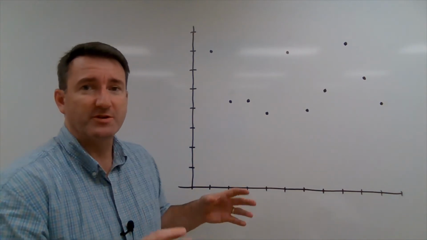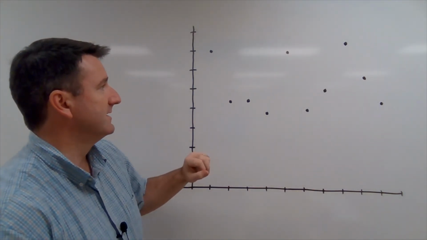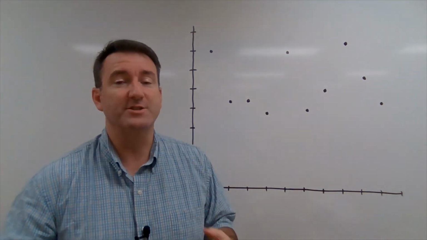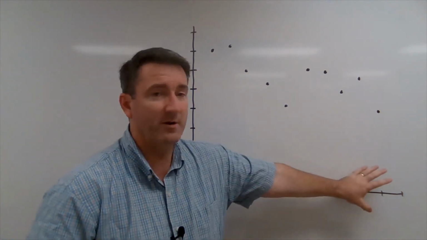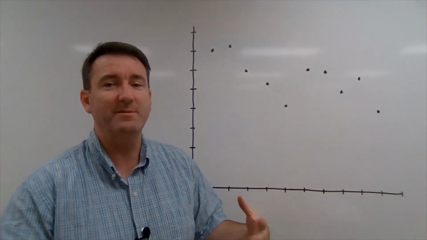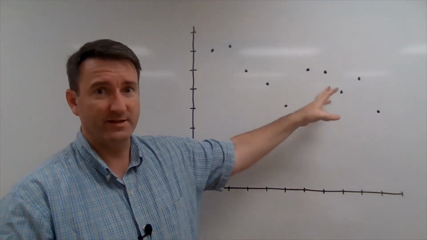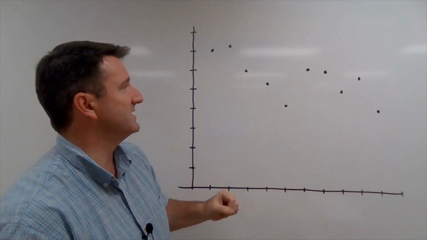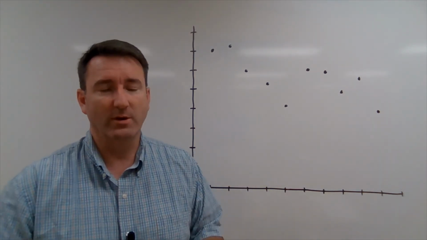For this example, there's no general trend, either positive or negative, with these dots. So we would say that this has no correlation. Here, as the variable on the x-axis increases, the variable on the y-axis seems to be decreasing in general, but it's not obvious. The dots are pretty spread apart. So this would be an example of a weak negative correlation.